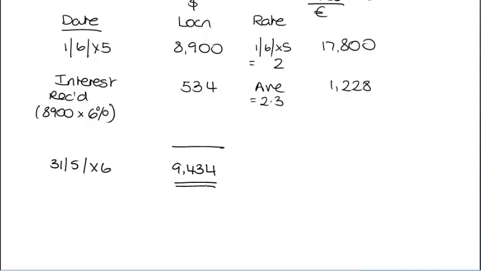What exchange rate, because as far as Briars is concerned, does Briars owe to Egin 17.8 million euros? How much does Briars think it owes to Egin? It owes $9.434 million, doesn't it? What rate of exchange should we use to translate that? 2.5.